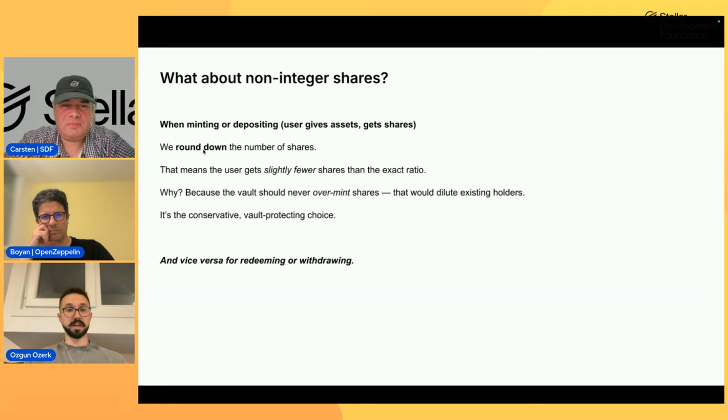We are rounding down your number of shares, so that you'll get slightly fewer shares than the exact ratio. The reason is Vault cannot overmint shares, and we have to protect the Vault, not the users, so that attacks won't happen. So this rounding down goes for minting and depositing, and the opposite one, rounding up, goes for redeem and withdraw operations for Vault.